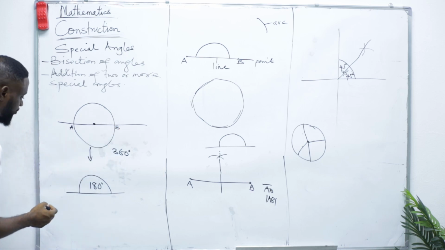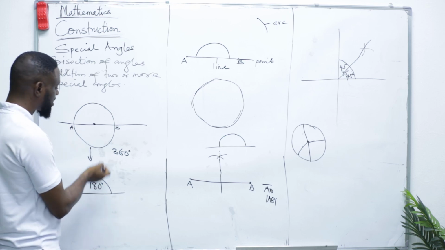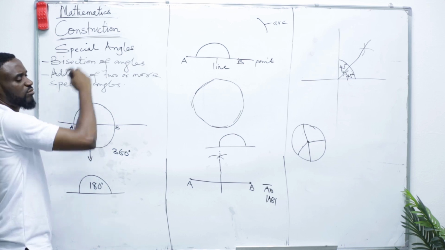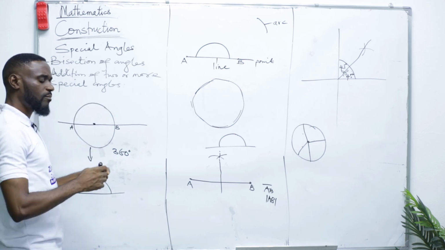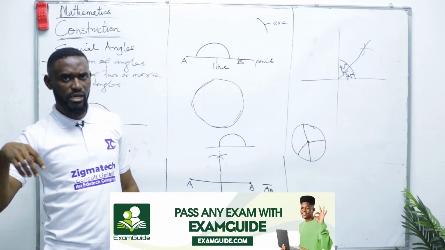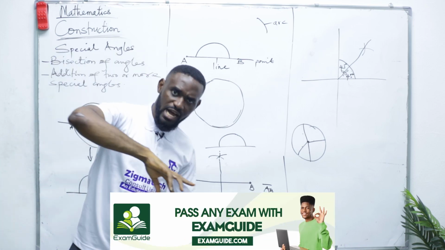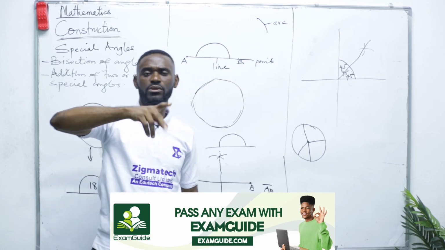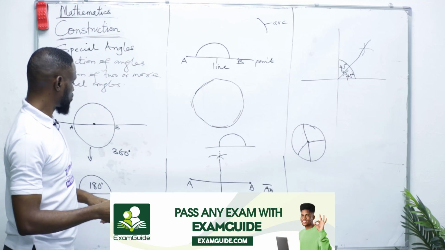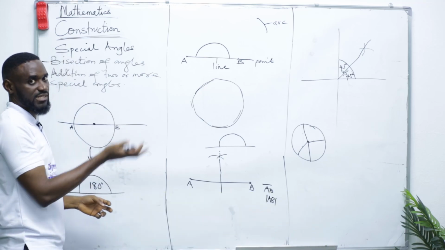All right. Now, 360 is a special angle. It can be constructed because by constructing 360, just use your compass with your pencil on it, and take a radius of your choice and just make a circle. That is 360 degrees. To construct 180 degrees is to divide 360, is to bisect it.